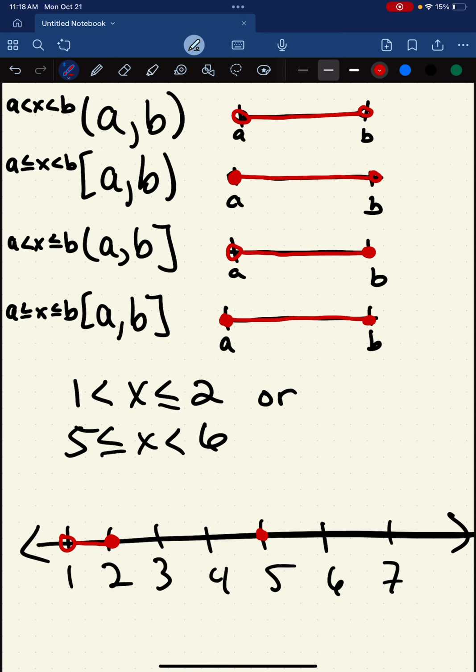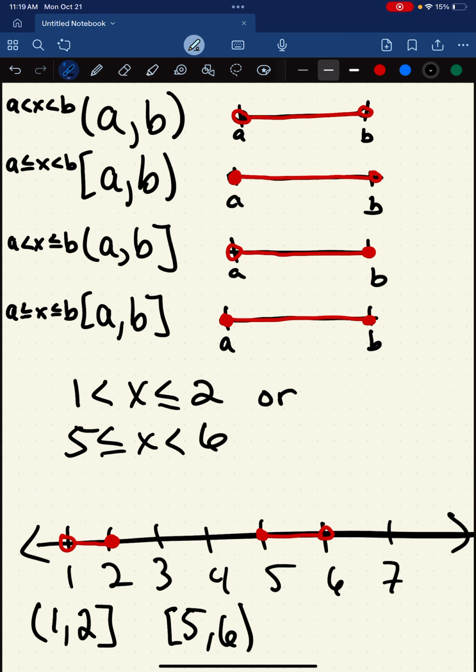And then x could be 5 to 6, including 5, not including 6. So x could be in one of these categories. And the way that we write that in interval notation, well, we have the 1, 2, we know how to write that. And we know how to write 5, 6.